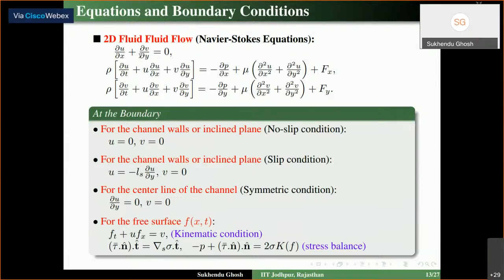Actually this is continuity of mass, meaning how the mass is changing inside the system, and the remaining two are the momentum balance equations.